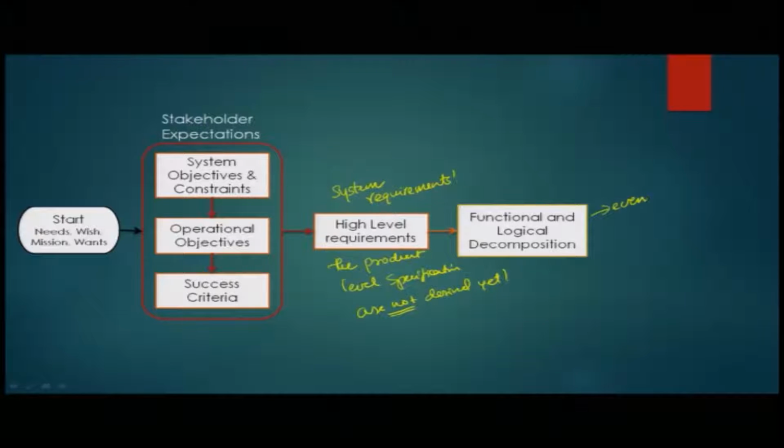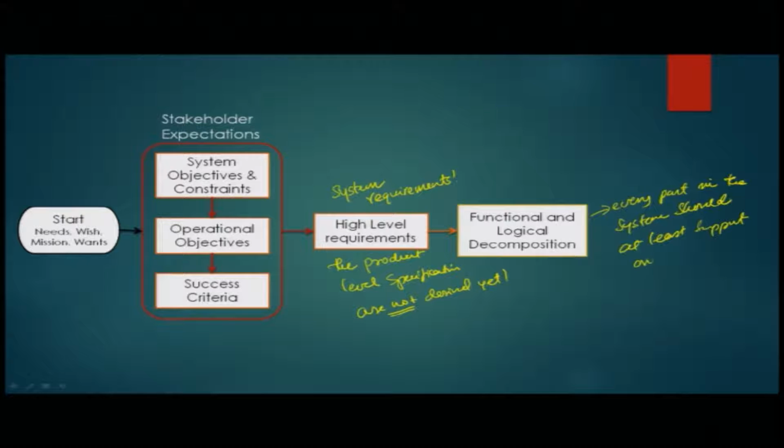So, there is a rhyme and a reason how the functionality is included in the system. And as I said earlier, every part in the system should at least support one function. Which function?